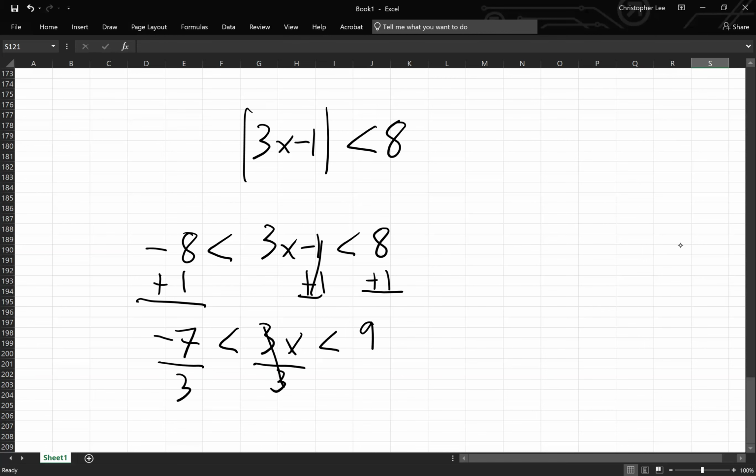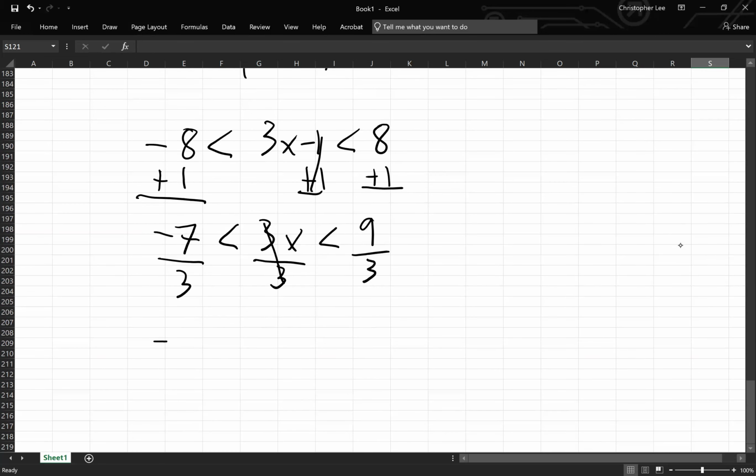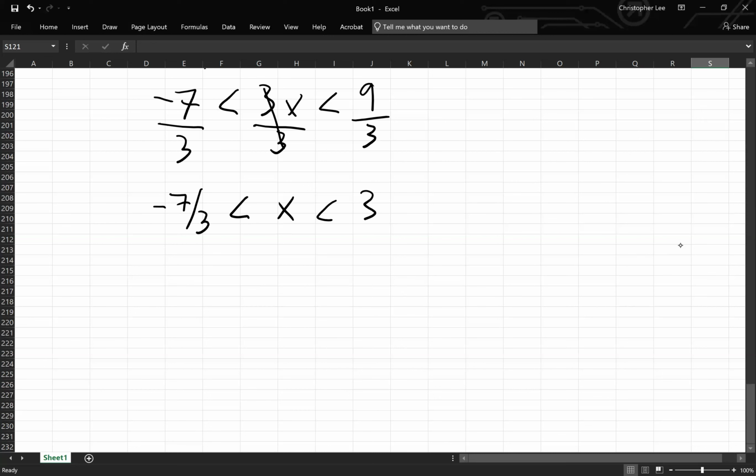What you do to one side, you have to do to the other. So now what do I have? I have negative 7 over 3 less than x less than 9 divided by 3 is 3. So what is this saying? This is saying that x is less than 3 and x is greater than negative 7 over 3.